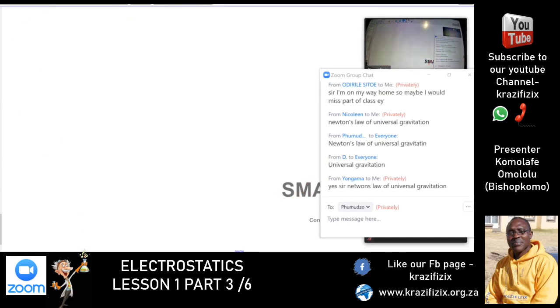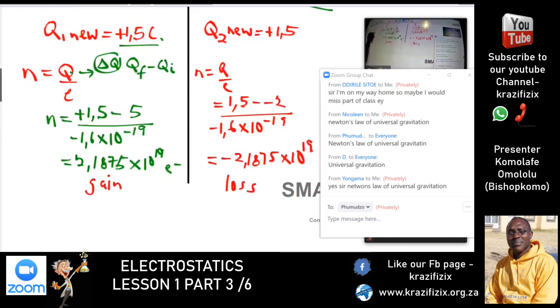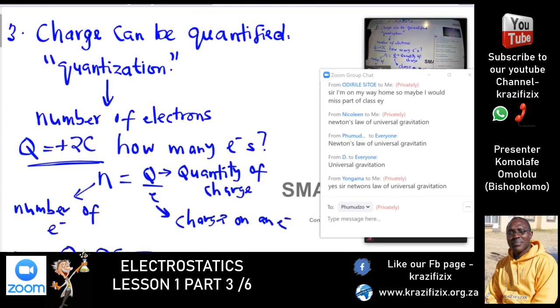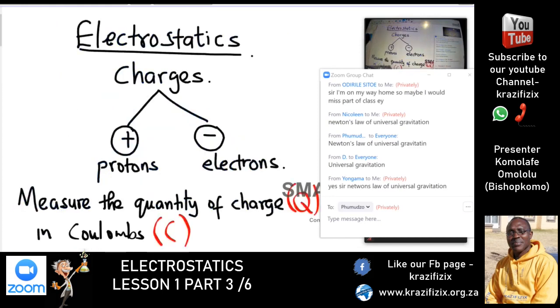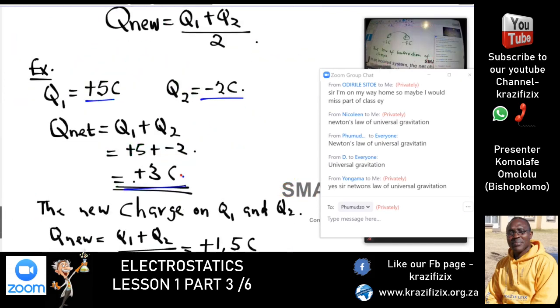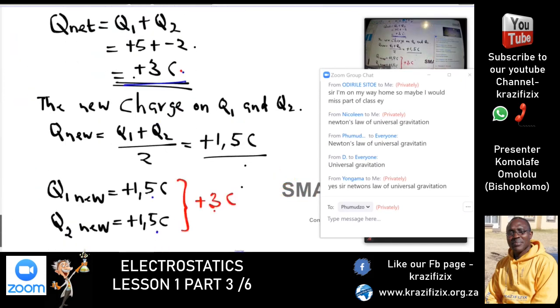Coulomb's law. Are we okay? Where did I put my Coulomb's law? F equals K Q1 Q2 over R squared. Just a second, I'm looking for my page. All right, we are going to get logged out now again. You just know what to do. We log in again until we are done with the first part.